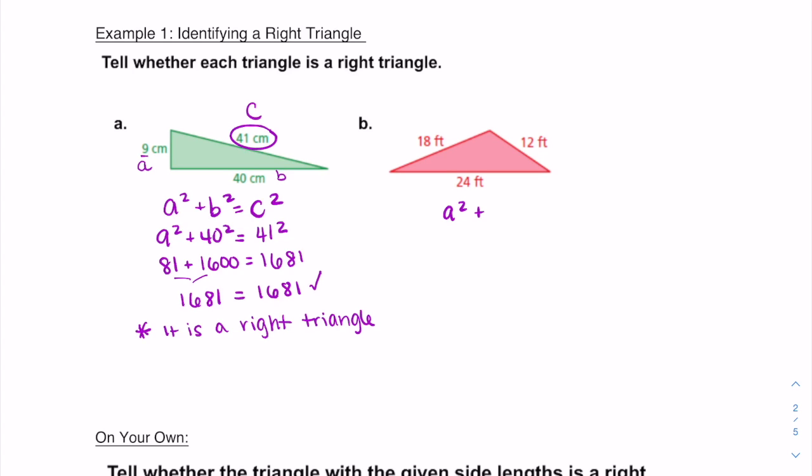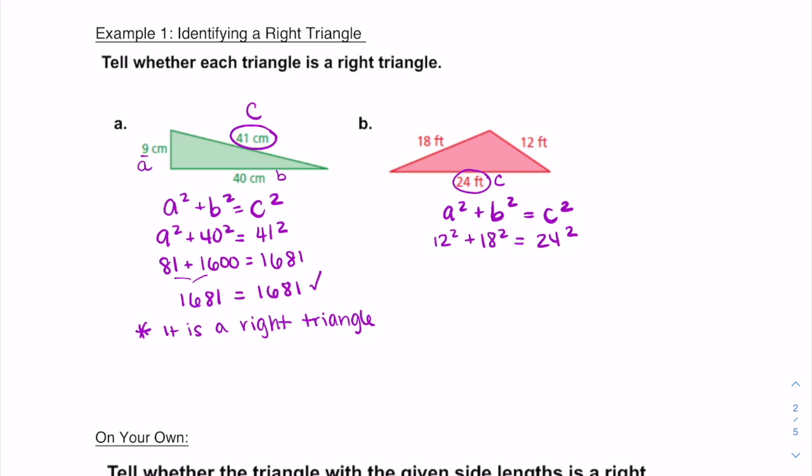Again, voy a empezar con la ecuación a squared plus b squared equals c squared. I'm going to start with my side C. 18, 12, 24. 24 is the biggest one. That's my side C. 12 squared plus 18 squared equals 24 squared. Acuérdense, si esto trabaja, cuando usted hace a squared plus b squared, te debería de estar el mismo valor que c squared.